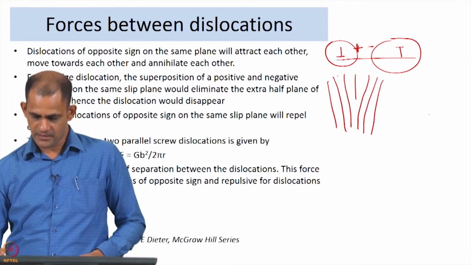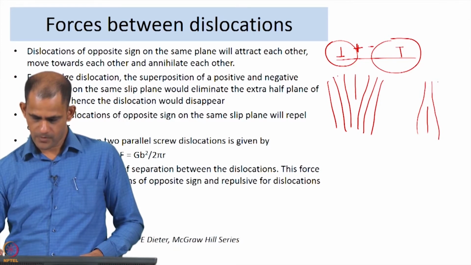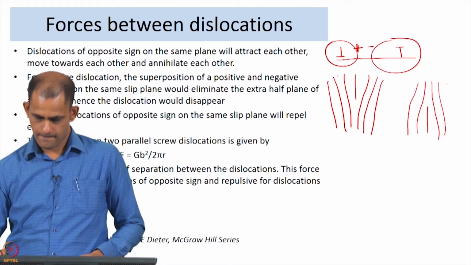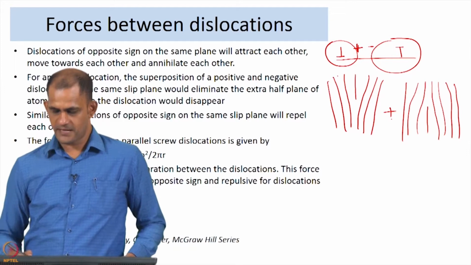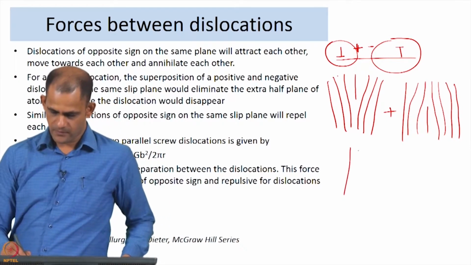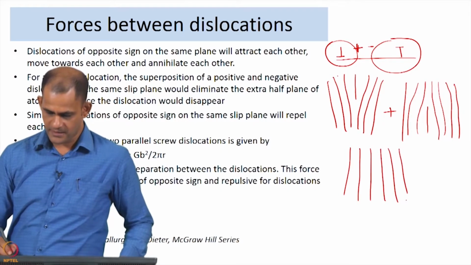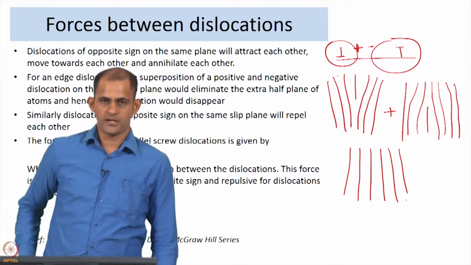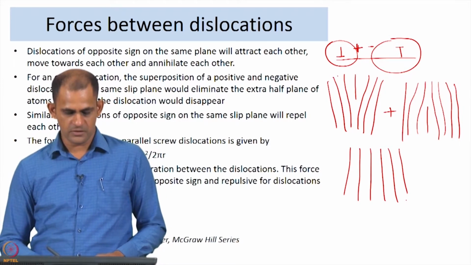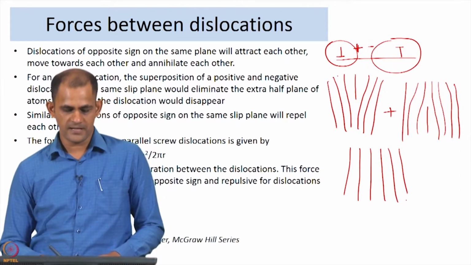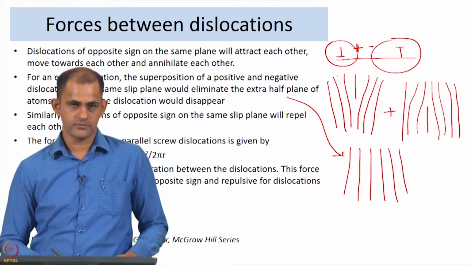So, if you have another dislocation of opposite type, then there will be attraction between these two dislocations, because that will help in removal of the disorder that was present within the material, and basically that helps in reducing the free energy of the system. So, for an edge dislocation, the superposition of a positive and negative dislocation on the same slip plane would eliminate the extra half plane of atoms, and hence the dislocation would disappear.